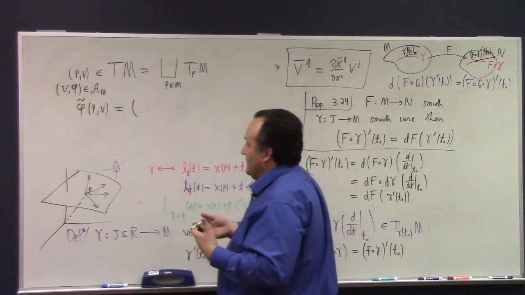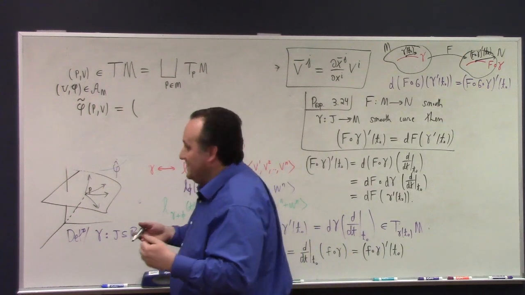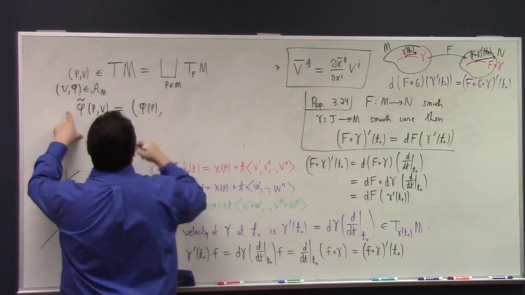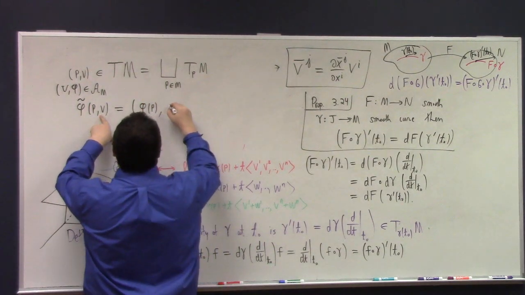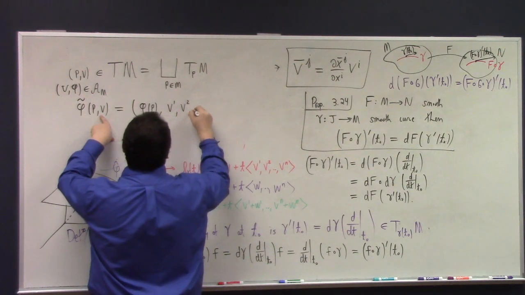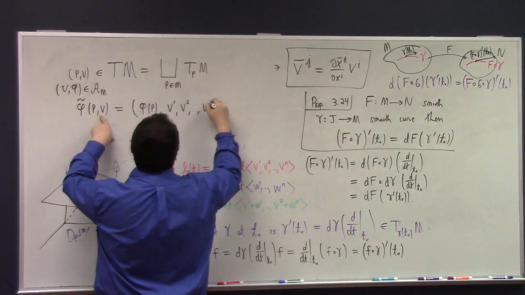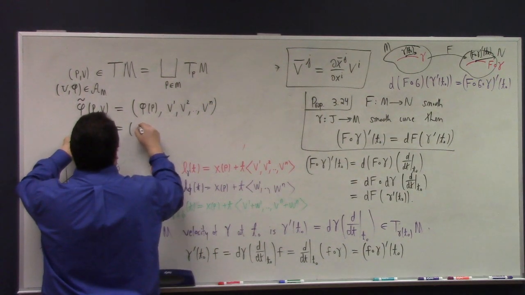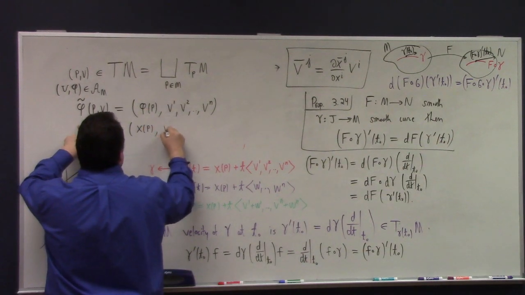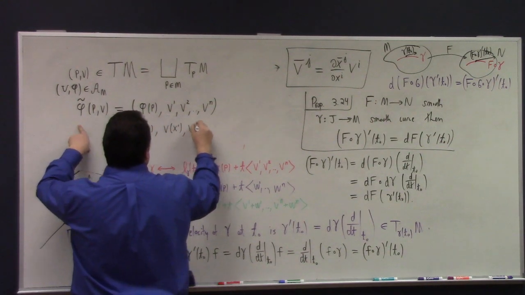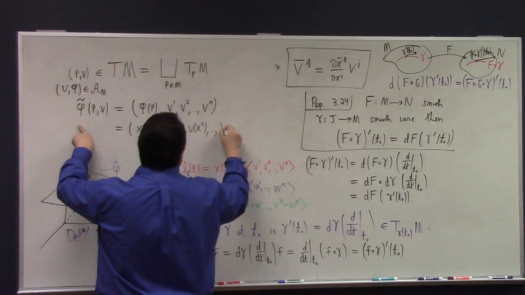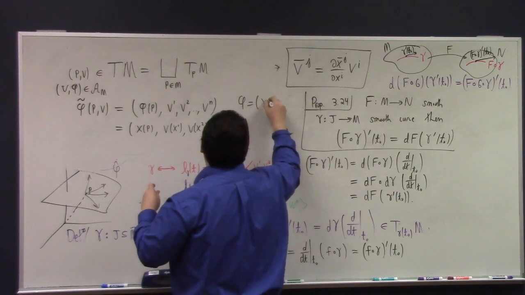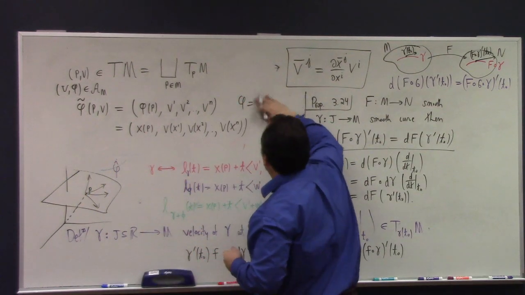And the adapted coordinate chart is very dumb. All you do is you take phi of p, and then v1, v2, through vn. Or in my notation, which I like better, x of p, and v of x1, v of x2, through v of xn, where of course I'm using the notation that phi is equal to the x coordinate chart.